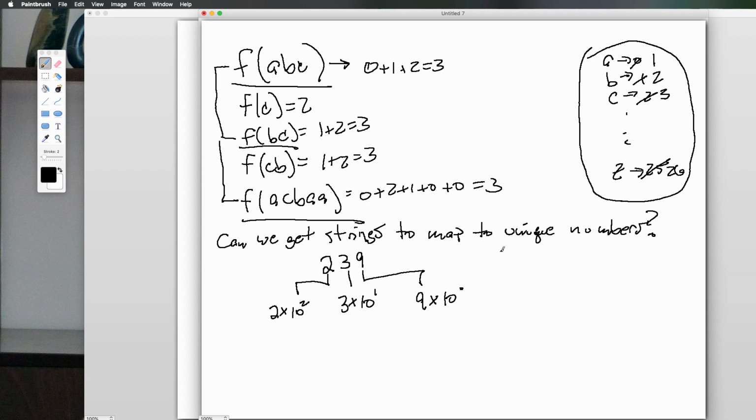I want to do the same thing with strings, like ABC, but now I want these letters to be in powers of 26. So C is 3, and I want this to be 3 times 26 to the 0. B is a 2, so I want that to be 2 times 26 to the first. And A is a 1, so I want that to be 1 times 26 squared.